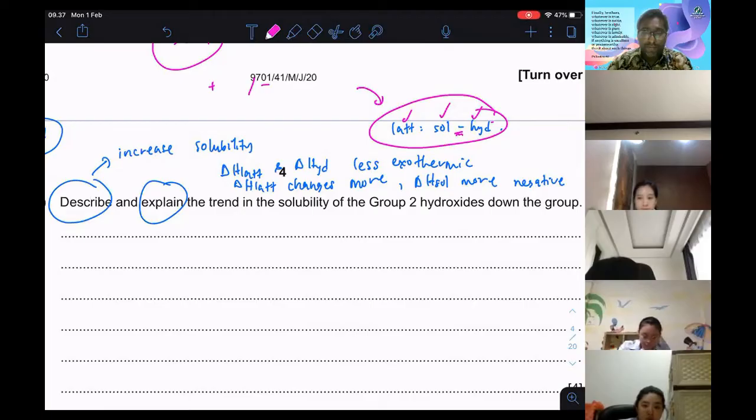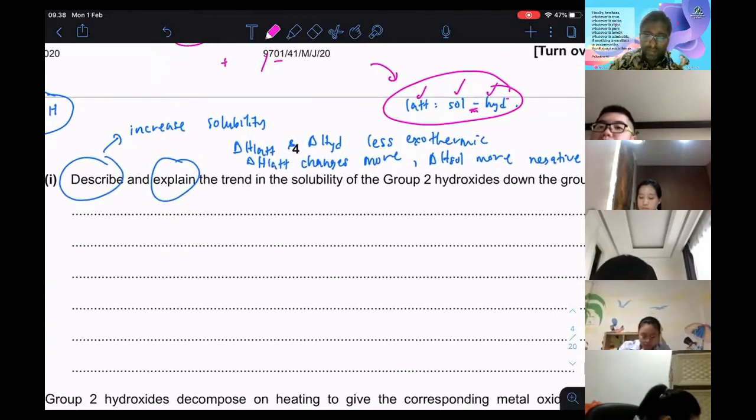If your enthalpy of solution is negative, that tells us this is going to be soluble. Please remember this. So now how do I relate this?